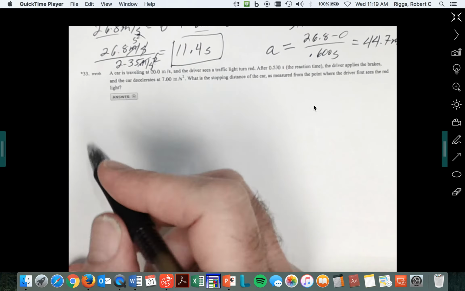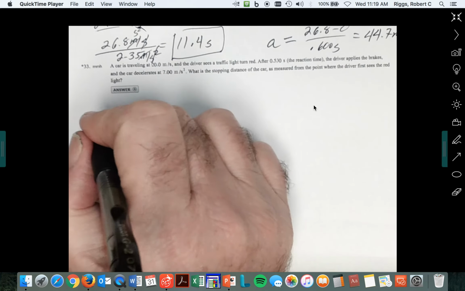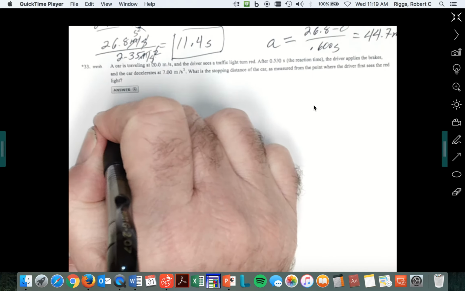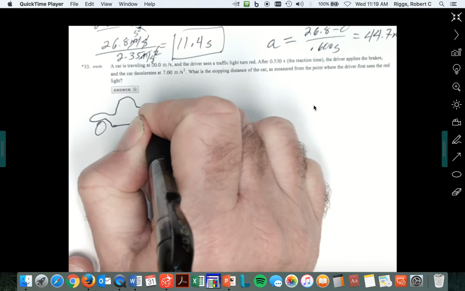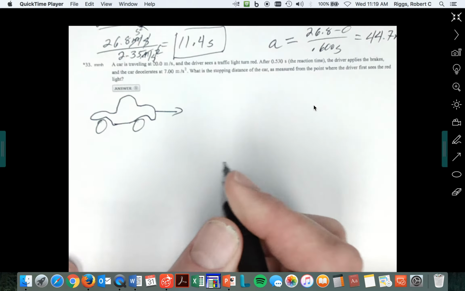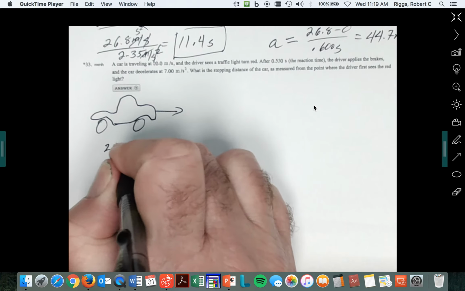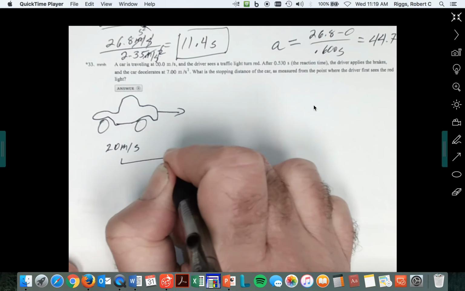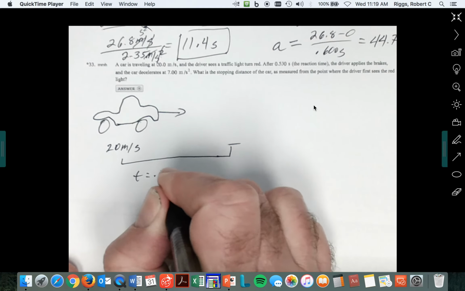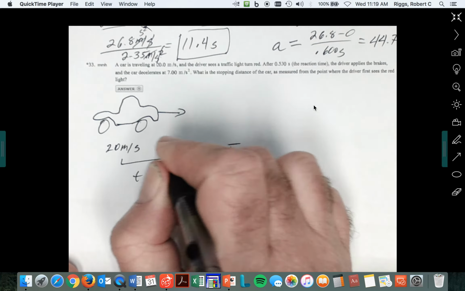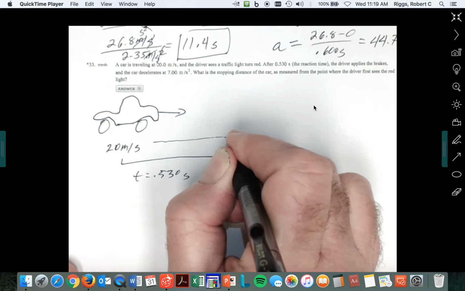So here's what's going on. You got the car moving this way. Okay, car's moving along. Boom, 20 meters per second. And for a time interval here of 0.53 seconds, it's going at 20 meters per second the entire time.